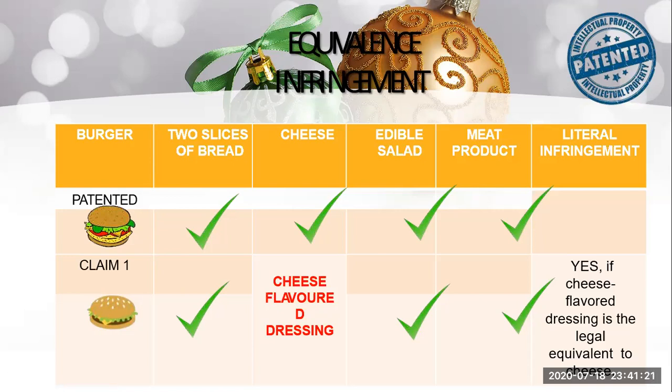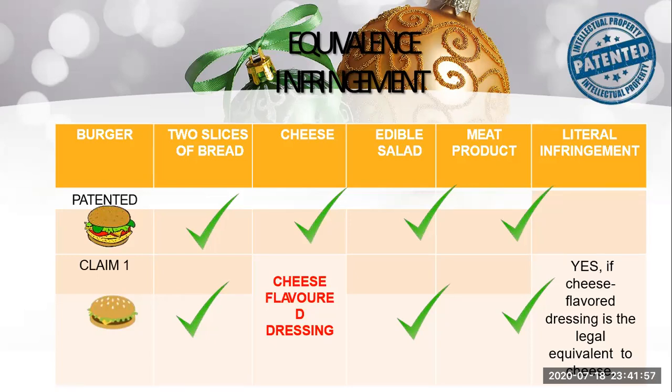Okay, the same equivalent amount, but not the cheese, it is cheese flavored dressing. Then we'll say that it is an equivalent infringement. Whenever cheese flavored dressing is the legal equivalent to cheese, that means the portion, the amount, the flavor, all the same, but it's not the sliced cheese, it's the cheese flavored dressing, so it will be equivalence infringement. So I think we are clear about the literal and equivalence infringement of direct infringement.